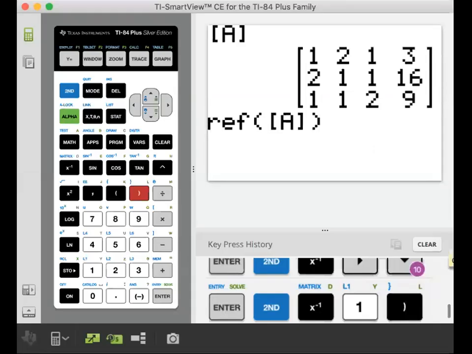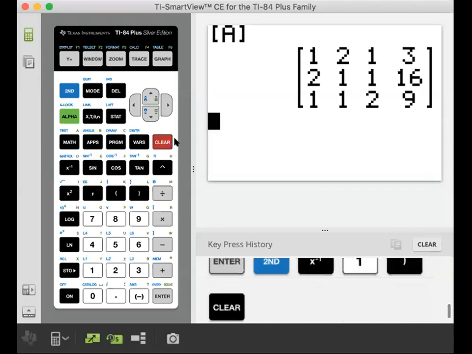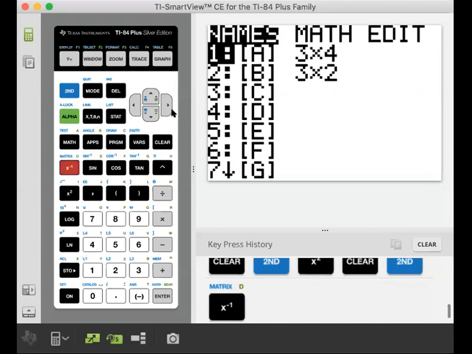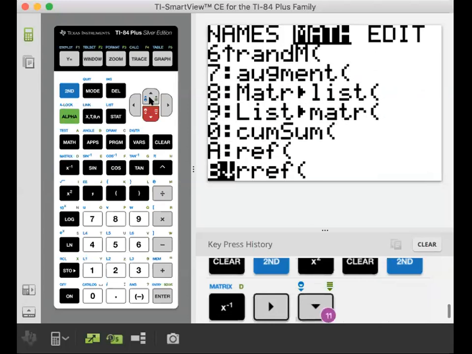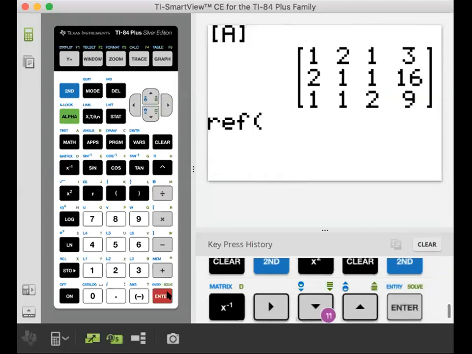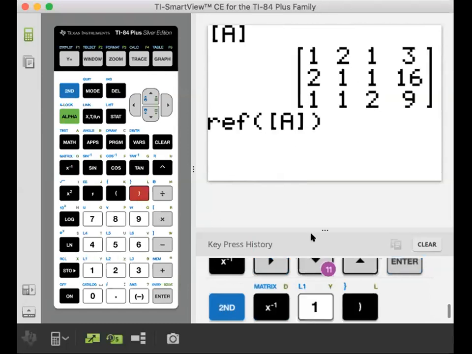So here I re-input the original 1, 2, 1, 3, 2, 1, 1, 16, 1, 2, 1, 9 into matrix A. And I went second matrix, math, down here to REF, and then second matrix A. Okay, anyone have a theory of what REF might do? I haven't hit enter yet, but what might REF stand for?